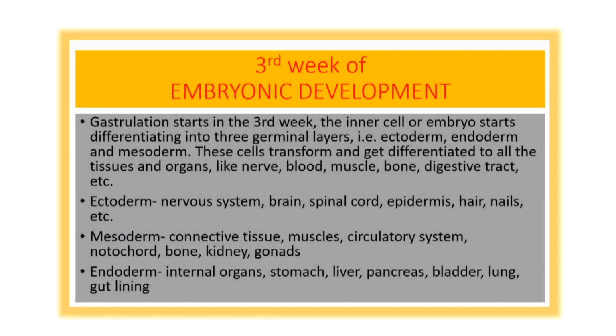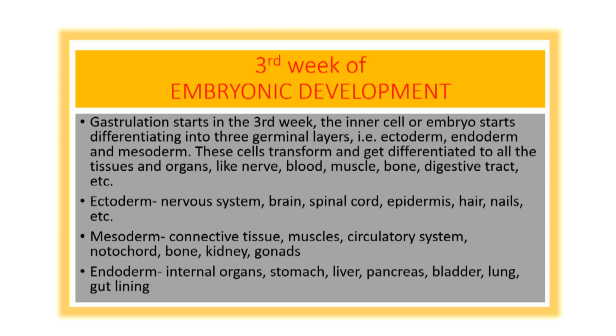Now I will explain embryonic development in the third week. Gastrulation starts in the third week. The inner cell mass or embryo starts differentiating into three germ layers, that is ectoderm, endoderm and mesoderm.